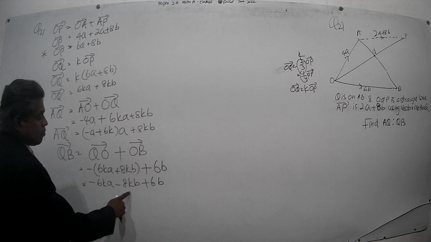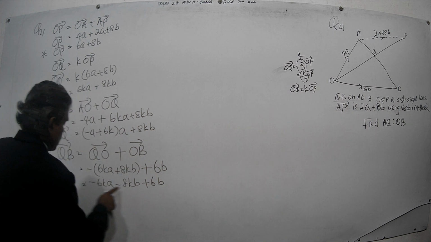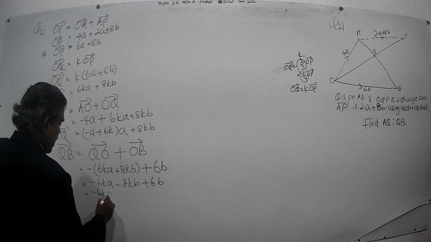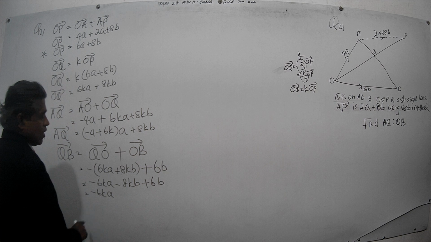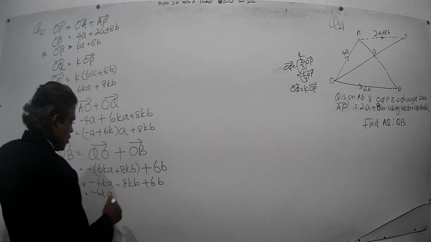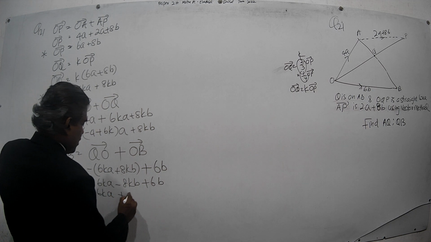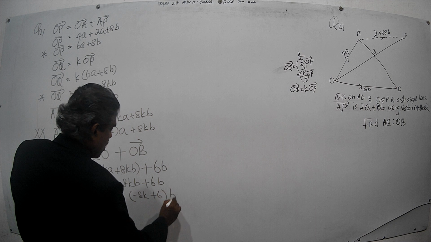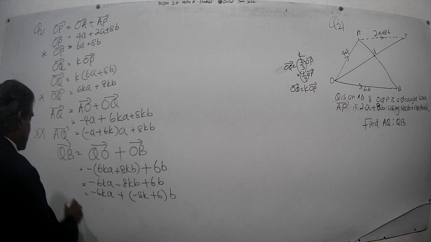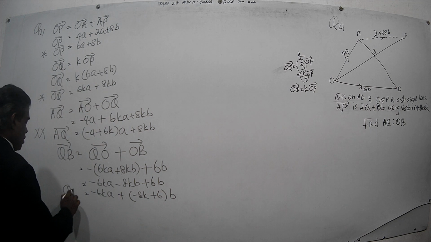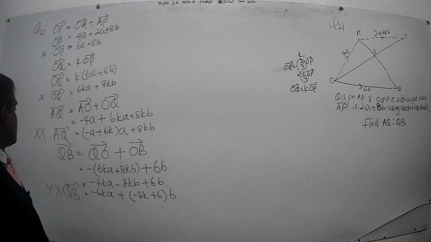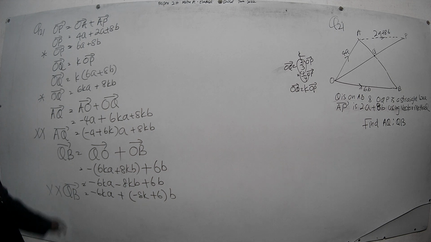Now you can take B terms out as common for these two terms. Here it is minus 6kA, then you take the B out and write plus, within brackets, minus 8k plus 6, B. That is vector QB. This is also an important vector we need. So we need vector AQ and vector QB.